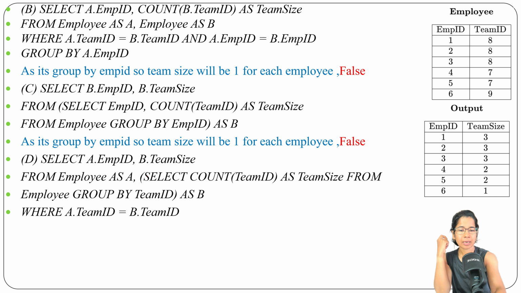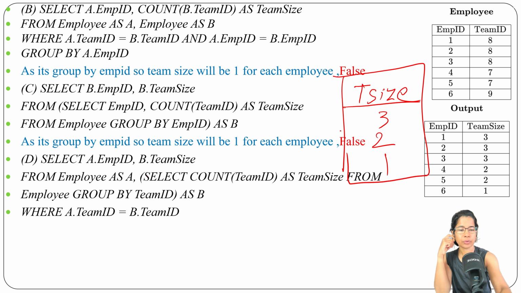So select count(team ID) as team size from employee group by team ID. So here it will be 3, 2, 1. So inner query output will be this: team size 3, 2, 1. Here it's written select count(team ID) as team size, so in output there will be just team size.